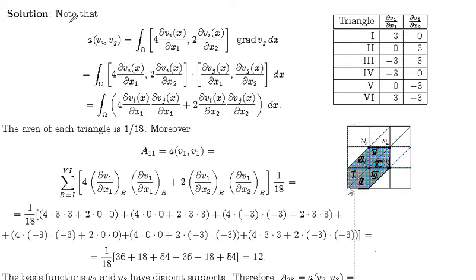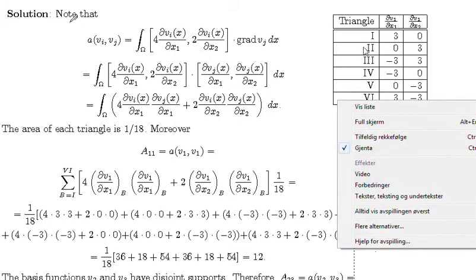The reason for this is that we have the length here is, as in the lecture, 1, and the length here is 1/3. So when the basis function is 1 here and 0 here, we have that the partial derivative in the x direction must be 1 over this length, which is 3.